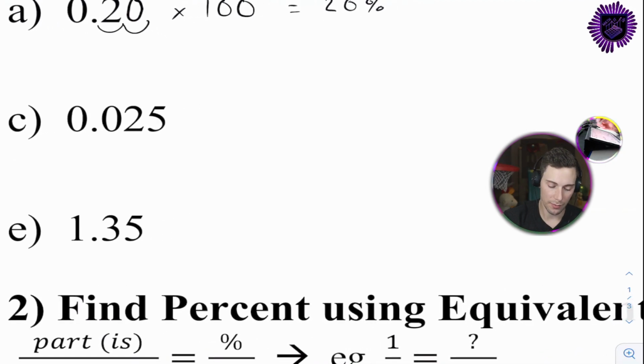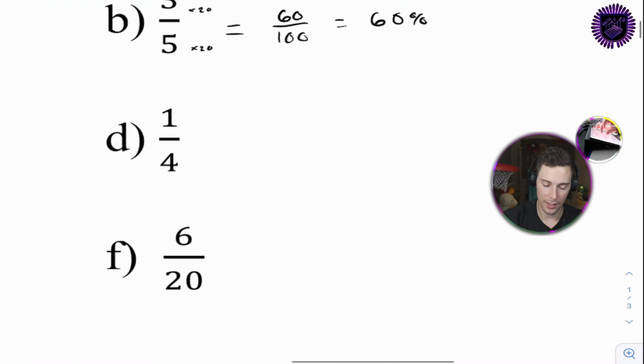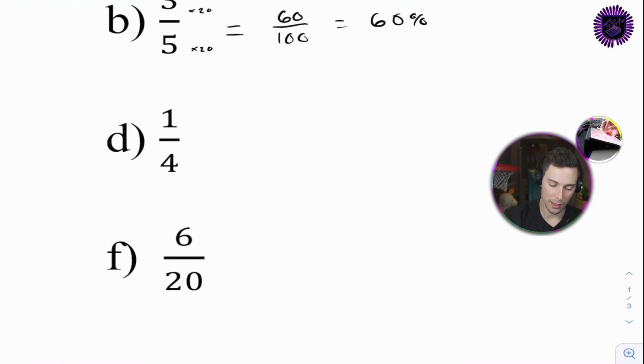Now, this next question already has some placeholders there. Multiplying it by 100 is going to move our decimal place over 2 to get us to 2.5%. Question 1D. Again, this is going to be equivalent to a 0.25 decimal, which when we multiply that by 100, is going to get us to 25%, or we can make an equivalent fraction.